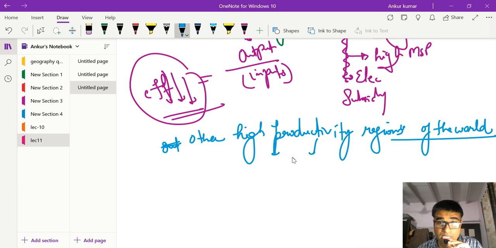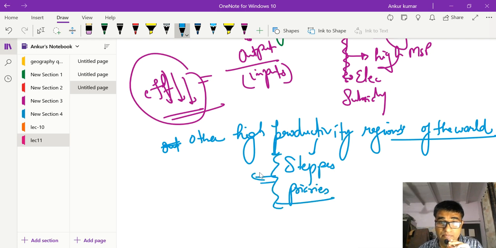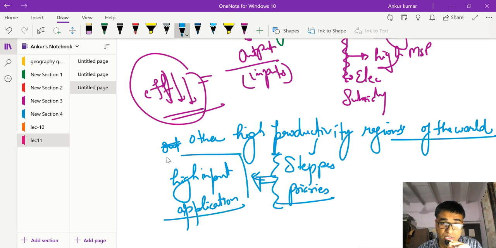For example, the steppes, the prairies. These regions are again high productivity because of what? High input application: high fertilizer, irrigation, subsidy, etc. So these regions again have very low efficiency. This high input application makes the efficiency low in these regions.